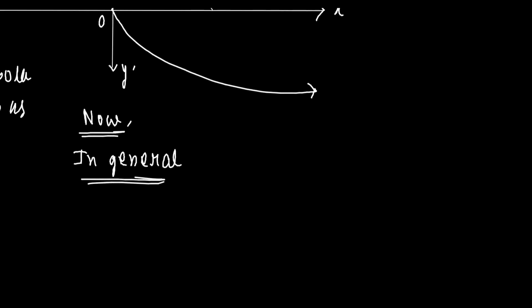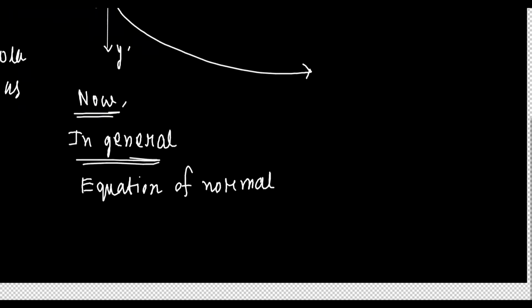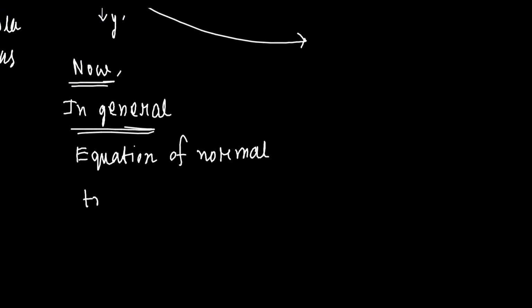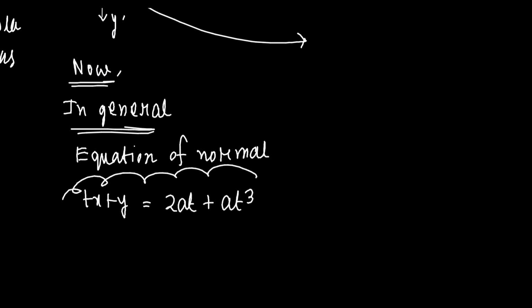So in general we know the equation of normal in a parabola. Equation of tangent, we know that ty equals x plus at square. Now what is the equation of normal? Equation of normal is tx plus y equal to 2at plus at cube. So this is the equation of the normal.